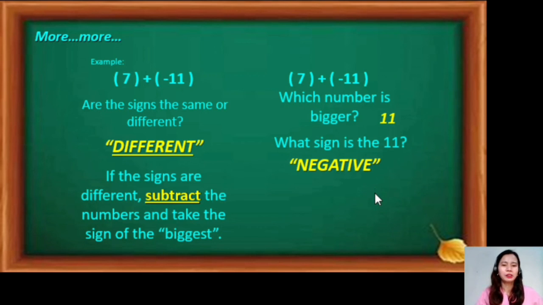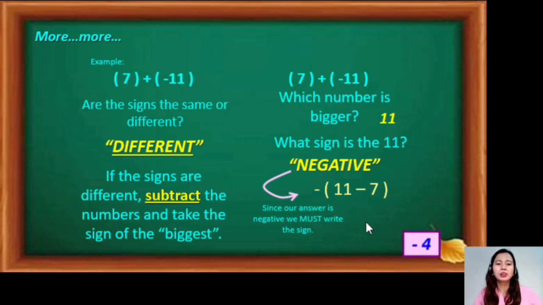So, we're going to subtract these numbers, then take the sign of 11, and that is negative. 11 minus 7 is 4. The sign of 11 is negative, so we have negative 4. It means 7 plus negative 11 is negative 4.